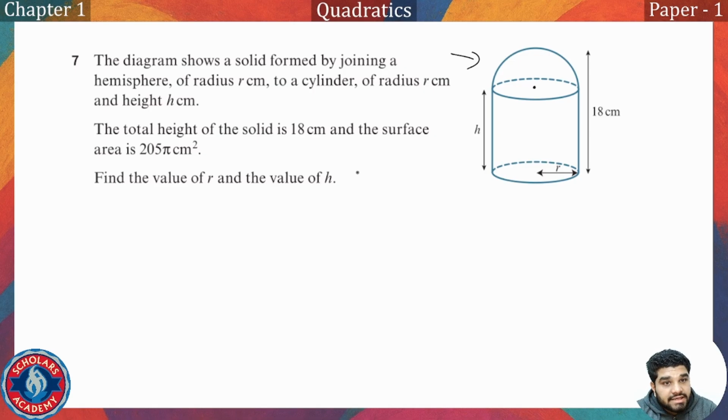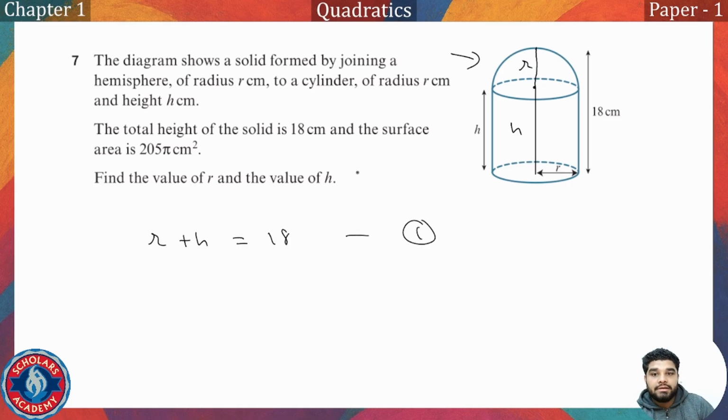We have this as our radius, and this is the height of the cylinder. So this is r, this is h, and r + h = 18. This is our equation number 1, right? The total height of the solid is 18 centimeters and the surface area is 205π centimeter square.